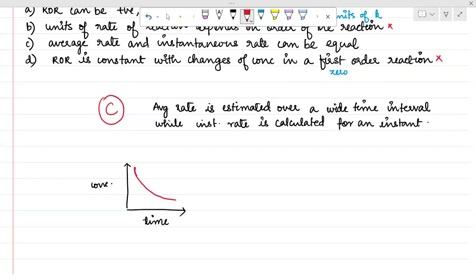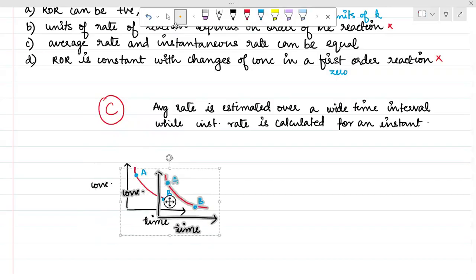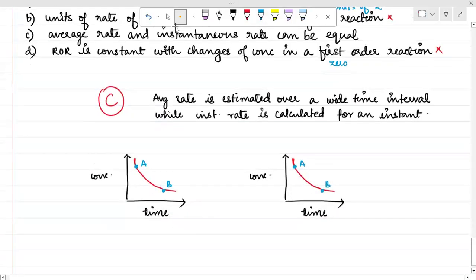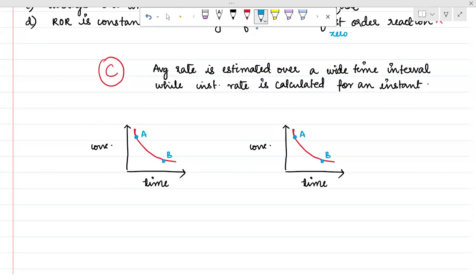It's like a hyperbola. And I take 2 points, A and B. So if I have to take the average rate, I'll explain the difference between the two. If I have to take the average rate, what I'll be doing is I'll find the changes, for example.